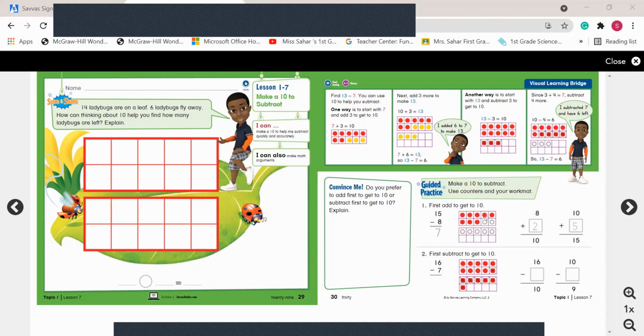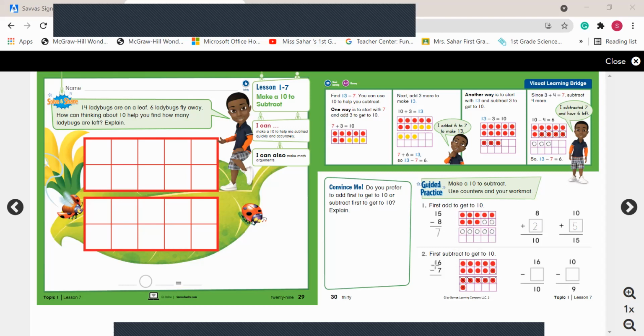We're going to say 10 plus the 5 that you added in your second 10 frame, and that will give you your answer. So 15, you're going to count all the counters we just drew, the dotted ones. So I have, for the first 10 frame, 1, 2, and then 3, 4, 5, 6, 7. I have 7. So 15 take away 8 equals 7.